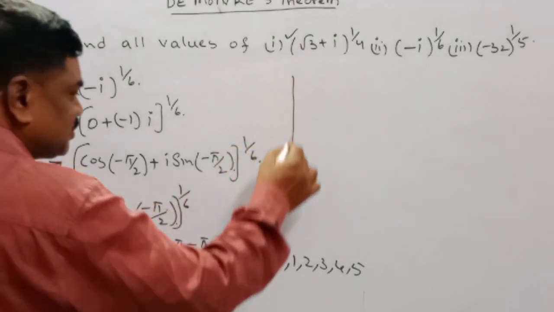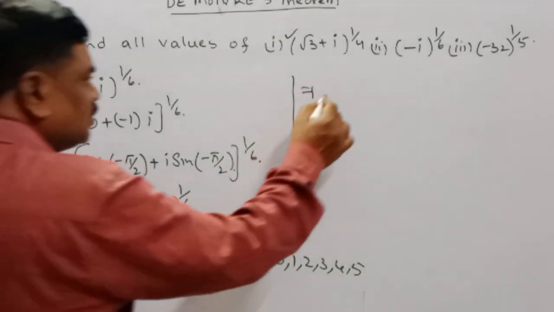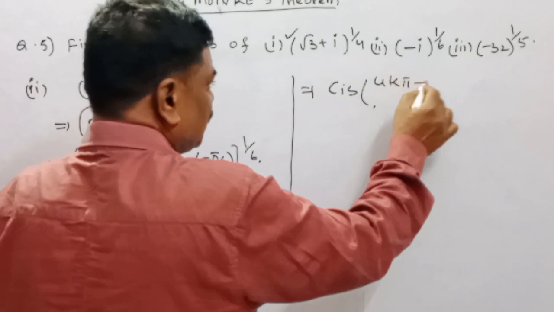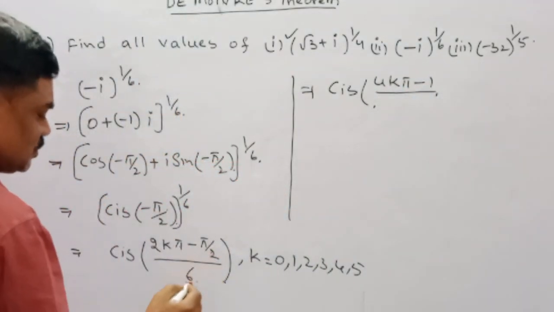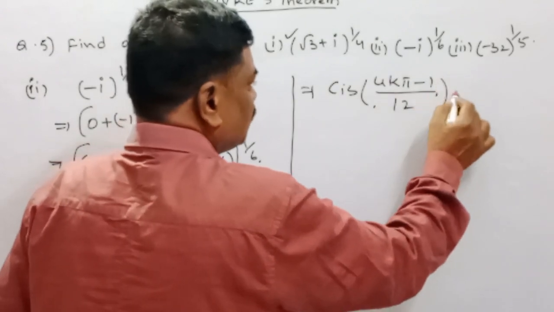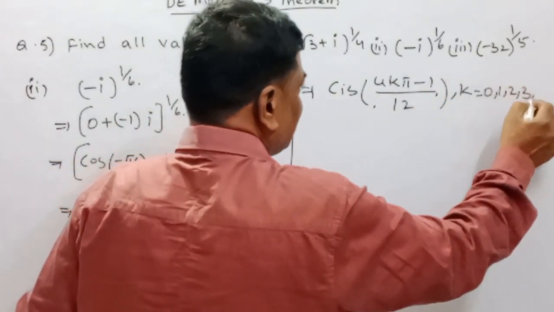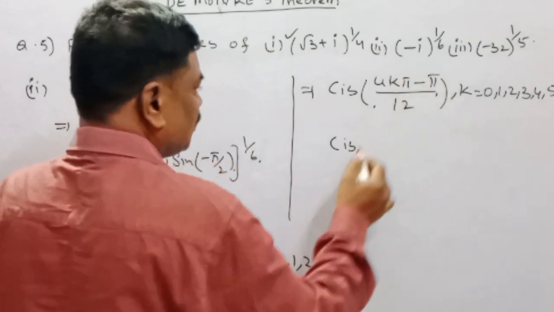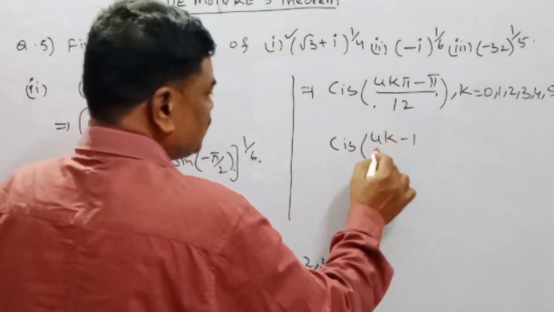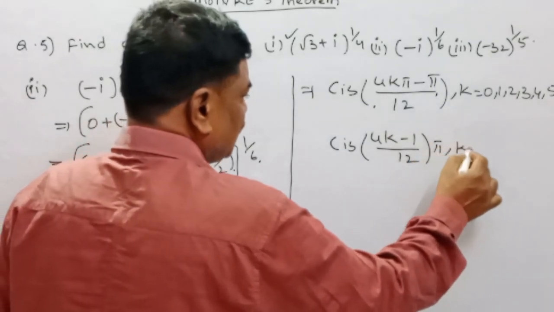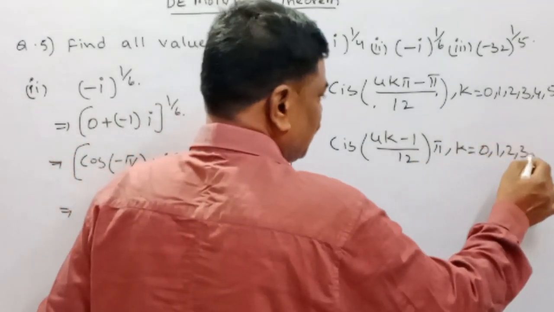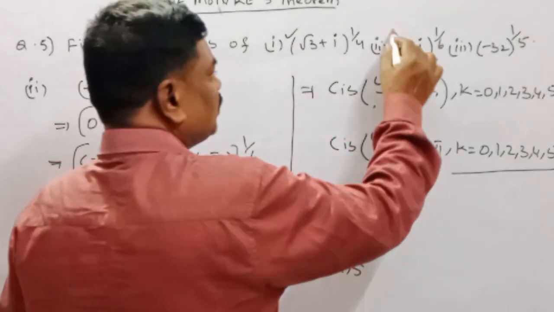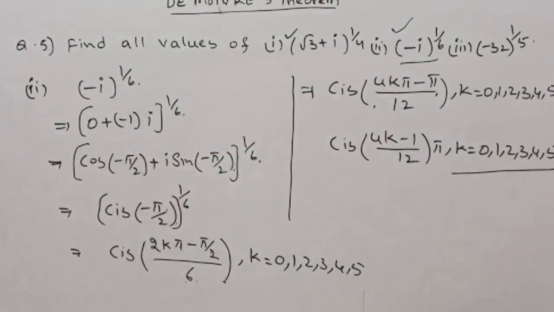Taking the LCM, this is cis of ((4kπ − π)/2)/6, which is (4k − 1)/12 times π, where k equals 0, 1, 2, 3, 4, 5 are the values of (−i)^(1/6). That's all.